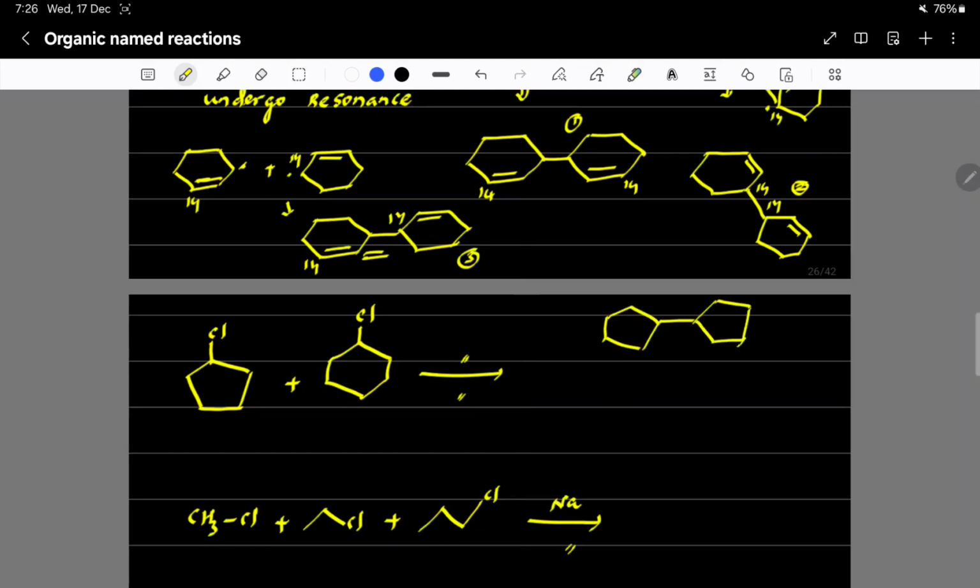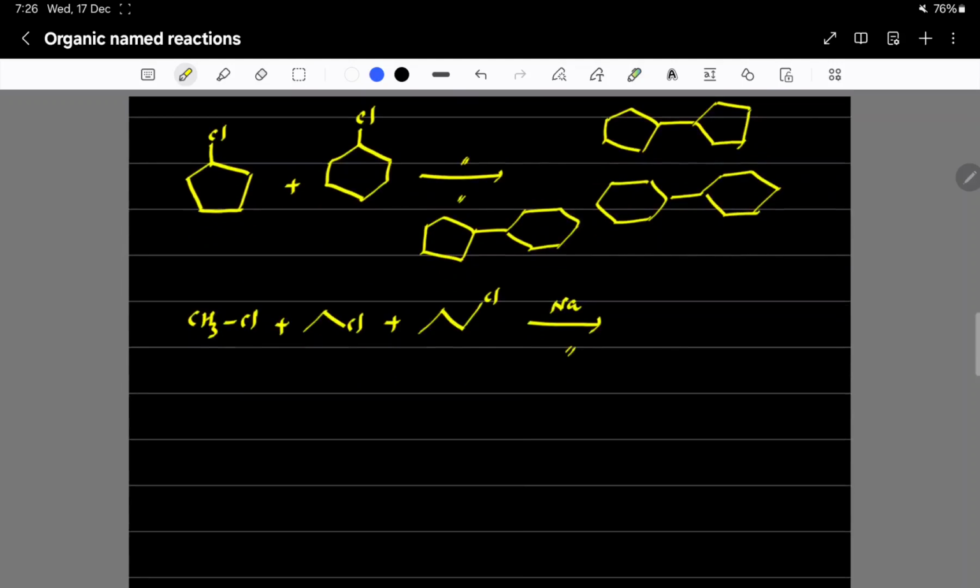And one more, student, this cyclohexyl undergoing dimerization. And one more possible, student, cross coupling.